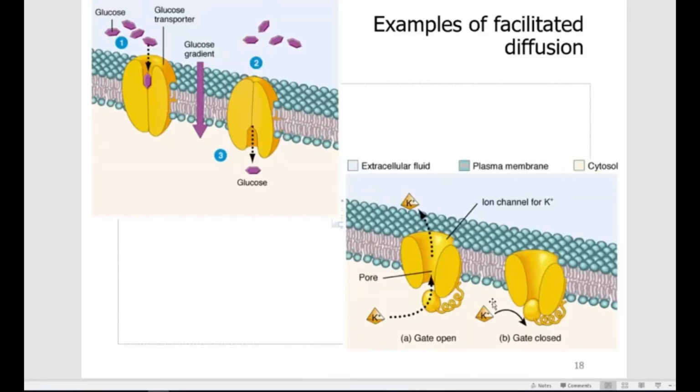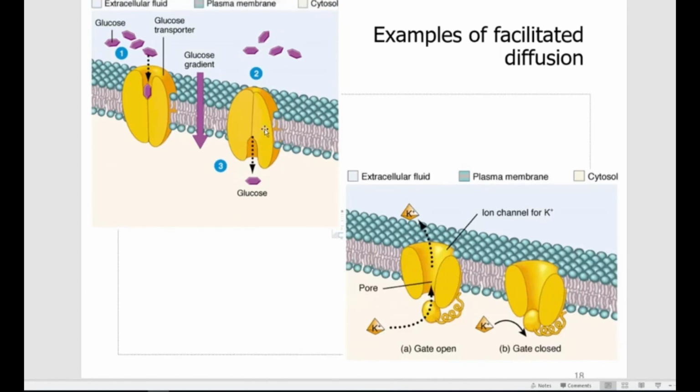There's a protein channel, specifically an ion channel for potassium, and this is a carrier protein for glucose. Okay, so you can see the first step is glucose binds to the carrier protein, and when that happens, the protein carrier changes its configuration, right? Changes the shape. So it's going to open up on the other end. So this is how it can move the glucose across the cell membrane.